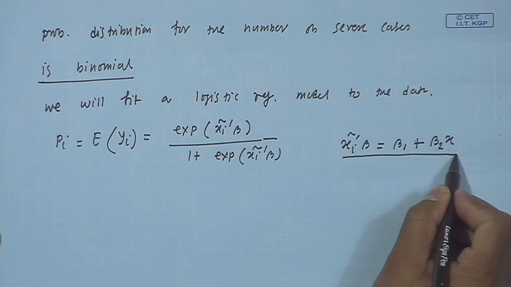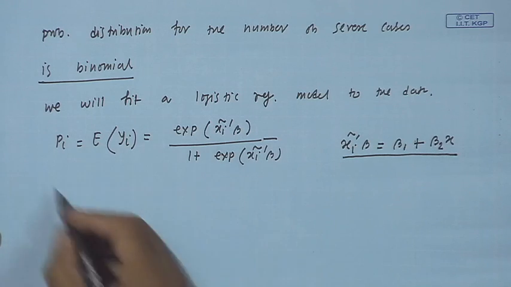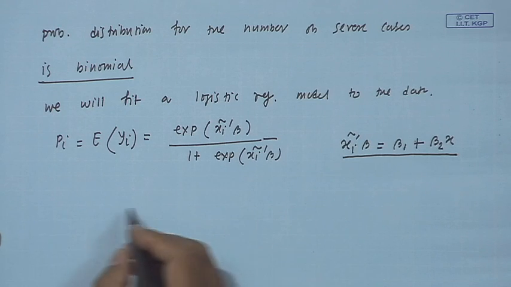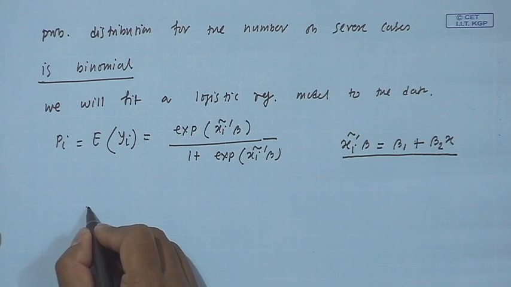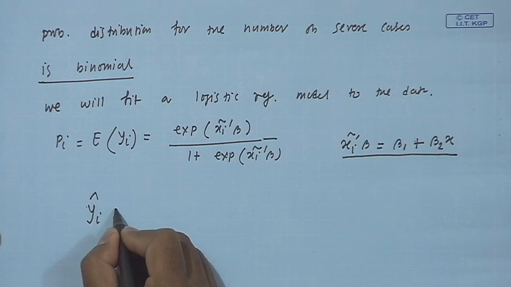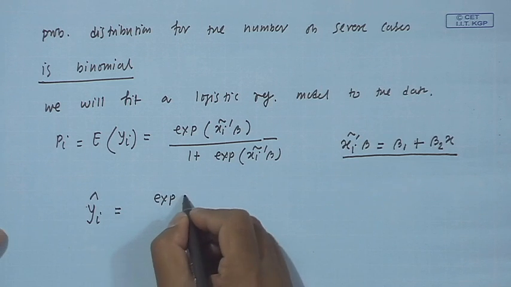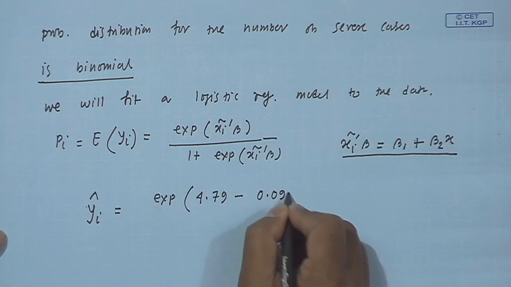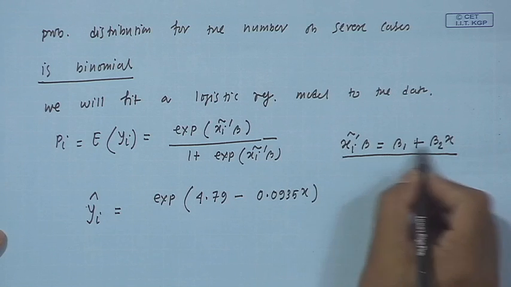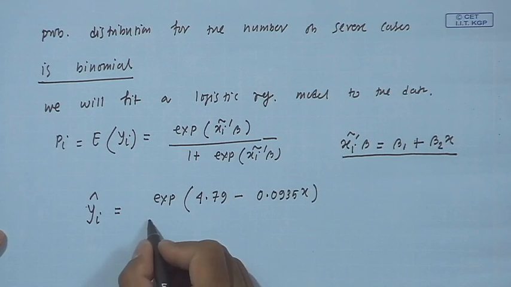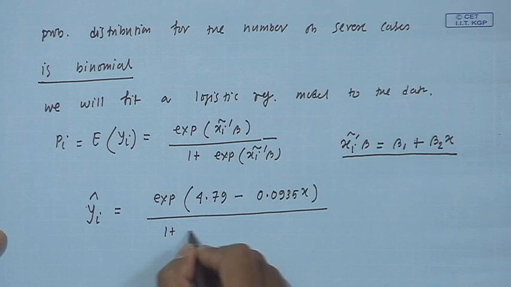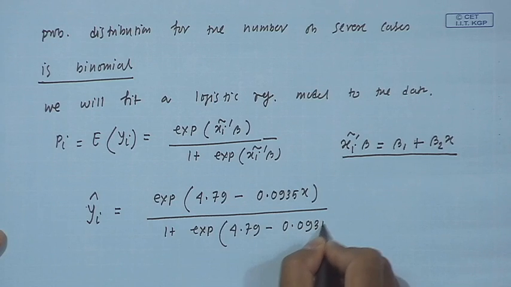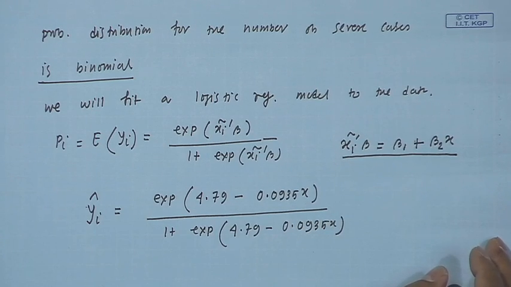Then you know how to fit this model using the maximum likelihood estimator, and finally, you can check that the fitted model is y_i hat equal to exponential of 4.79 minus 0.0935 x, where beta 1 is this and beta 2 is this, divided by 1 plus exponential of 4.79 minus 0.0935 x. Okay. So, this is the binomial.